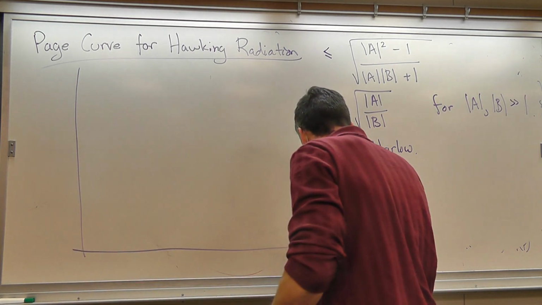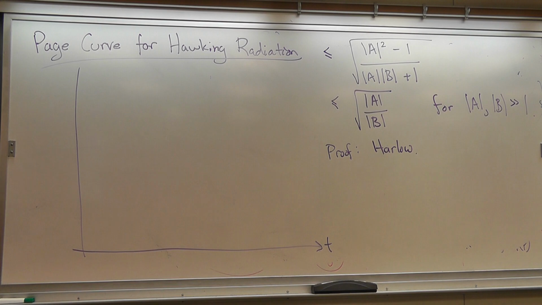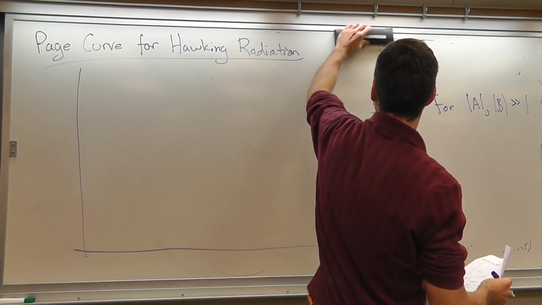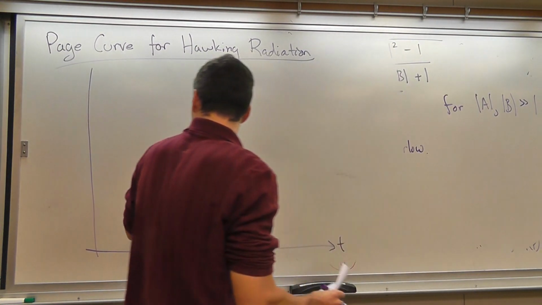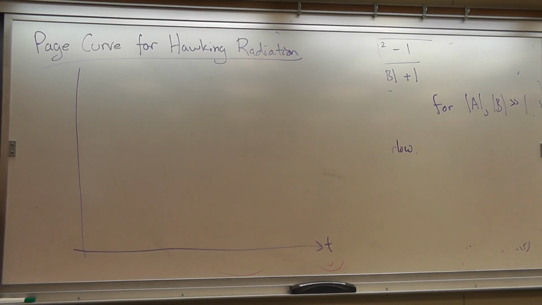Okay, so now I'm plotting this as a function of t. I'm going to plot three things. First I want to plot the prediction of Hawking's calculation, which we did earlier.